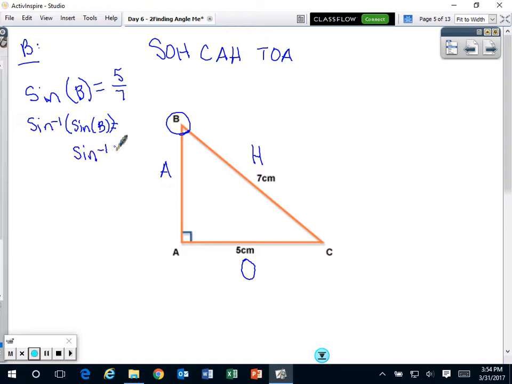So sine inverse of 5/7 is the other side of the equal sign. This sine inverse cancels out this sine, so I'm left with B equals the sine inverse of 5/7.